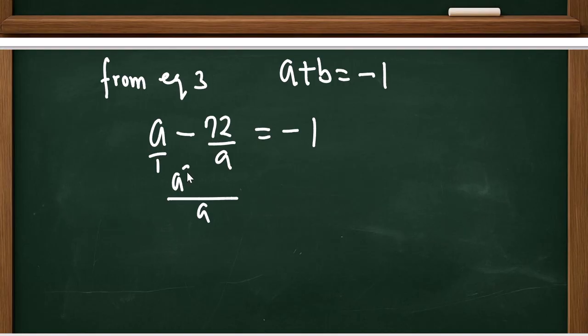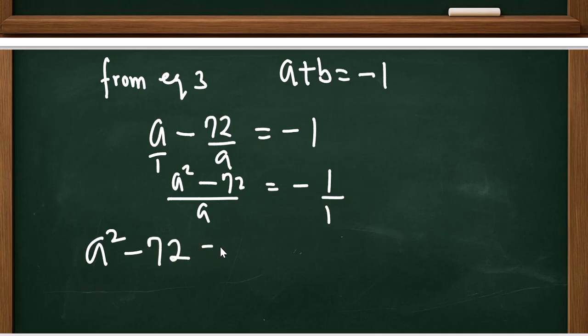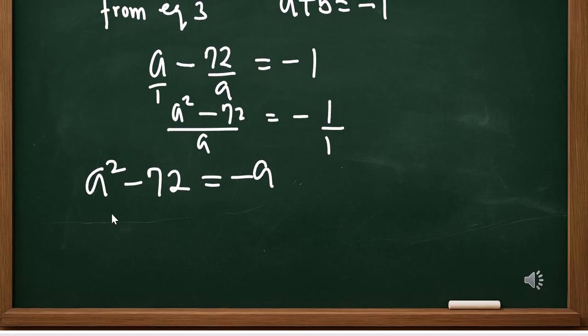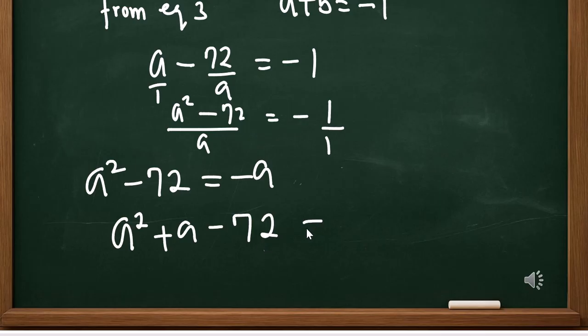Here you have a squared minus 72 over a, which is negative 1. By cross multiplying, we have a squared minus 72 equals negative a. Rewriting this given equation, I'm going to have a squared plus a minus 72 equals 0.